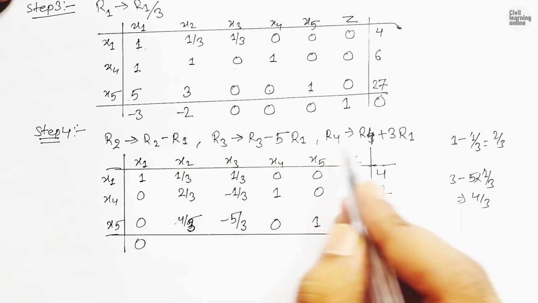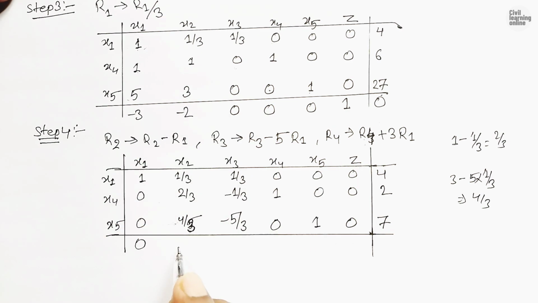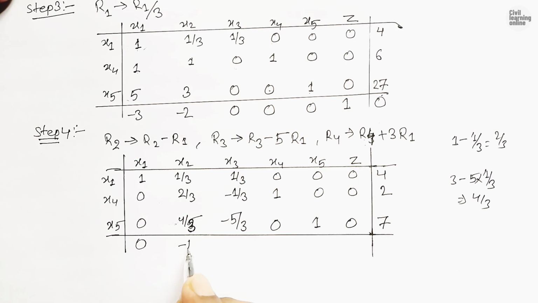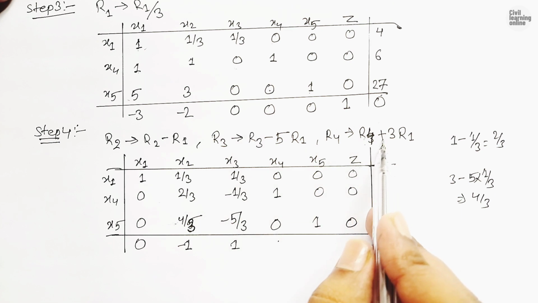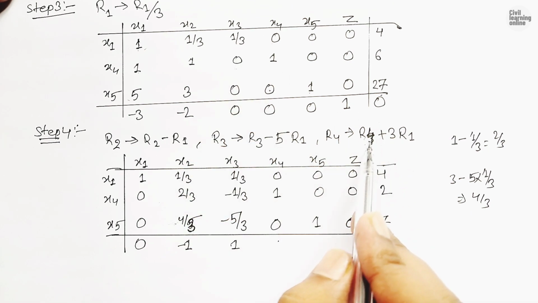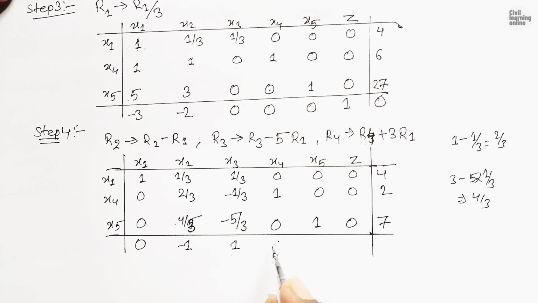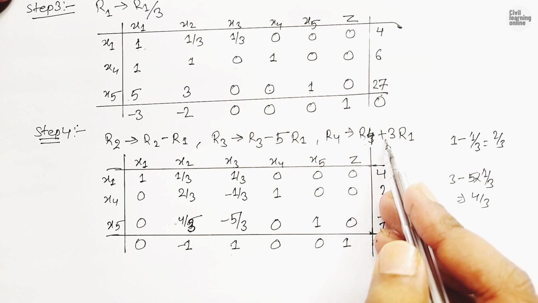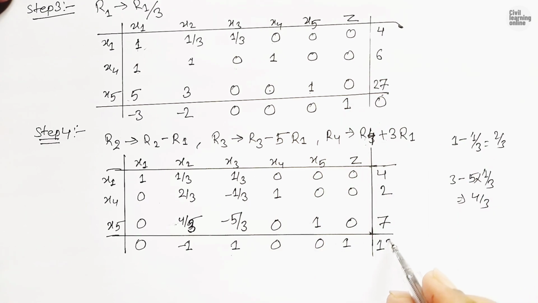Similarly, minus 2 plus 3 times 1 by 3, so minus 2 plus 1 is going to be minus 1. Similarly, we have 0 plus 3 times 1 by 3, so 3 gets cancelled, so 0 plus 1 is going to be 1. Similarly, we have 0 here, again 0, and again 1, and here we will have 0 plus 3 times R1 is 4, so 3 times 4 is 12, 0 plus 12 is 12.